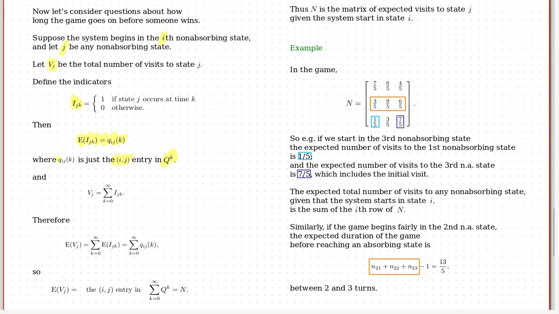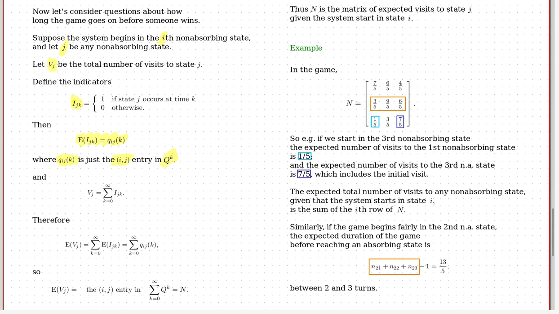So I'm denoting that by q sub ij of k. The notation is analogous to the notation we use for the P matrix and little p sub ij. But here we're just talking about non-absorbing states, so we can just look at the Q matrix.